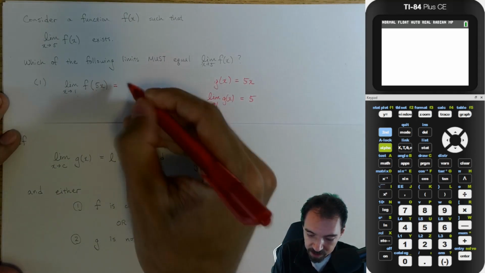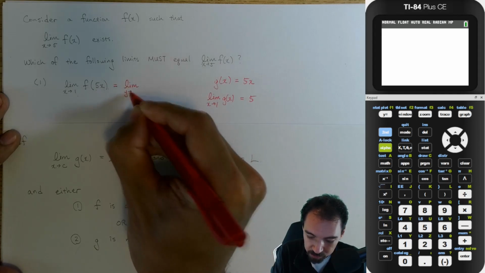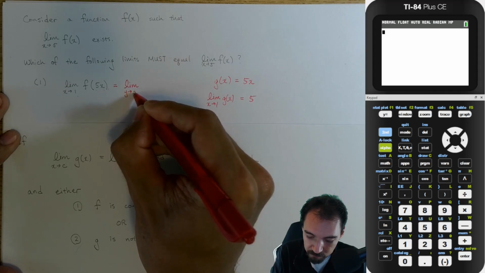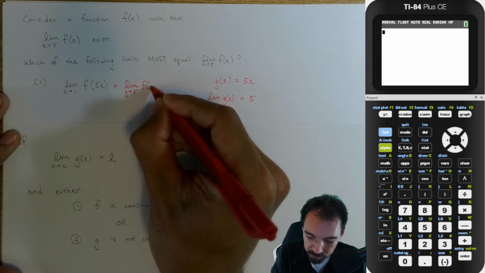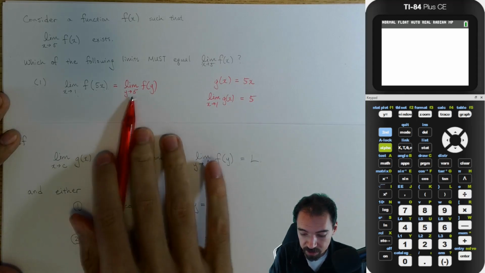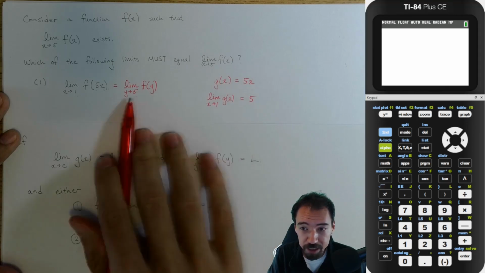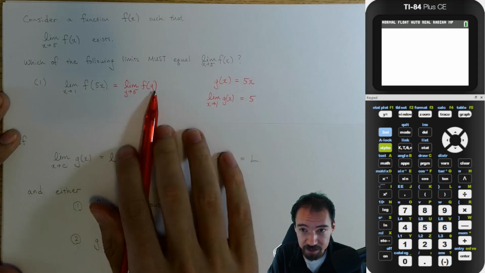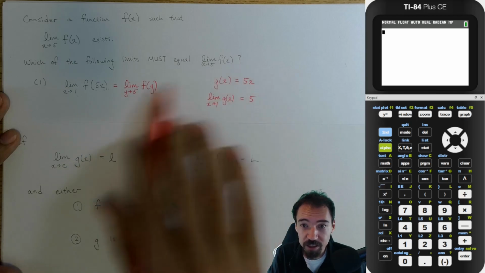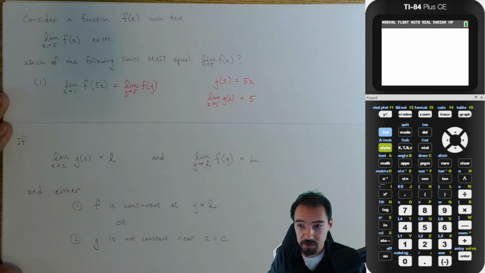So we can say this is the limit as y approaches 5 of f of y. And this is the same as that because it doesn't matter what letter I use, as long as I have matching here and matching there, these are identical statements. So I know this exists, and it must equal that. Okay.